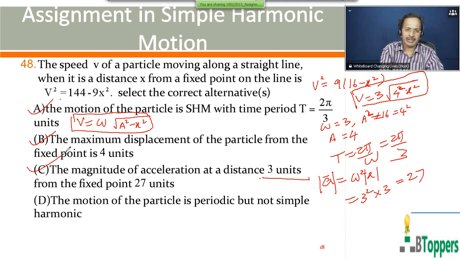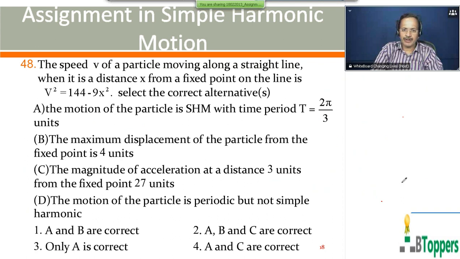So statement C is also correct. But statement D is not correct. The motion of the particle is definitely simple harmonic motion. So A, B, C are correct. So for question number 48, second option is the answer. The statements A, B and C are correct.